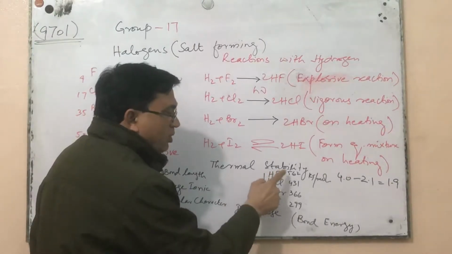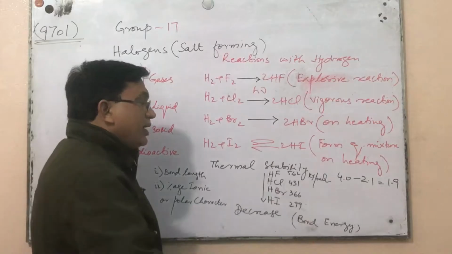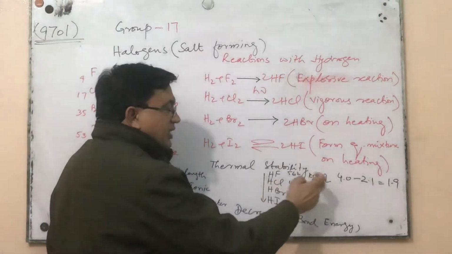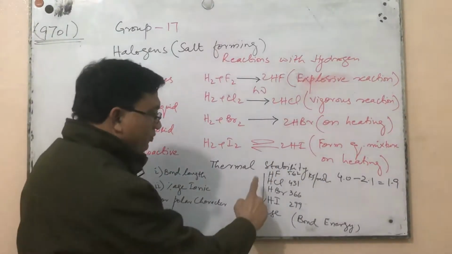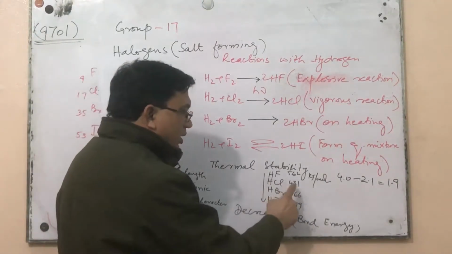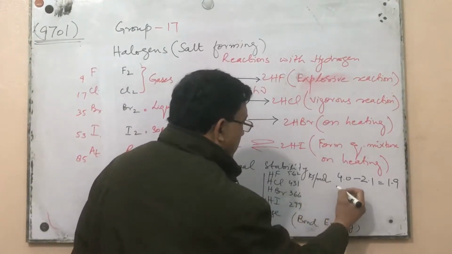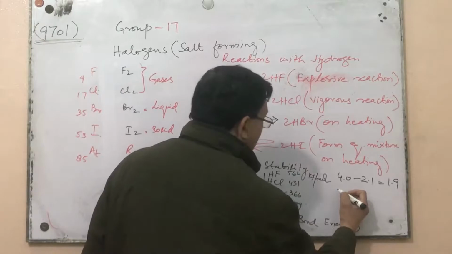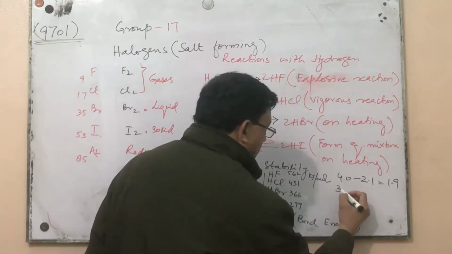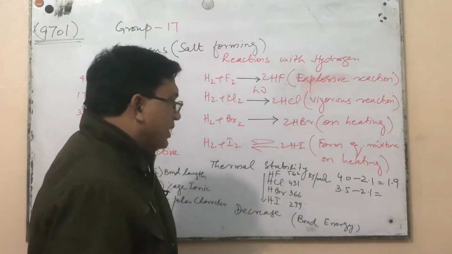That's why its bond energy is 562 kilojoules per mole. The maximum bond energy is for HF. The bond energy of HCl is 431 kilojoules per mole. It means that now the electronegativity difference is decreased. If we consider the electronegativity of chlorine as 3.5 minus 2.1, what is the difference?